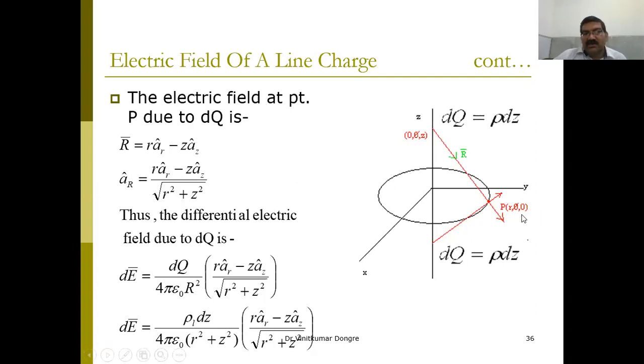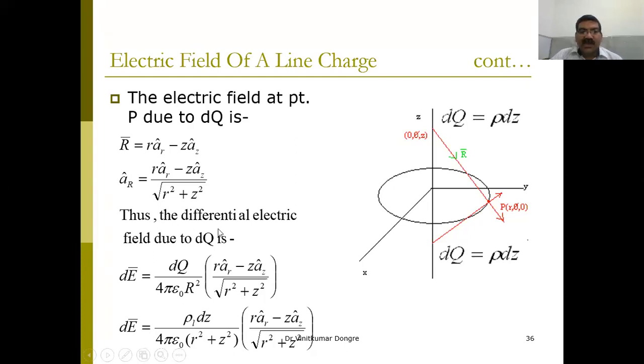Vector R is r minus 0, so r ar, and phi minus phi, so phi will get cancelled, 0 minus z, so minus z az. Multiple times we have discussed this in solving problems, same thing. The unit vector is the particular vector divided by its magnitude. The magnitude is the square root of r squared plus z squared. Okay, so this unit vector is found.